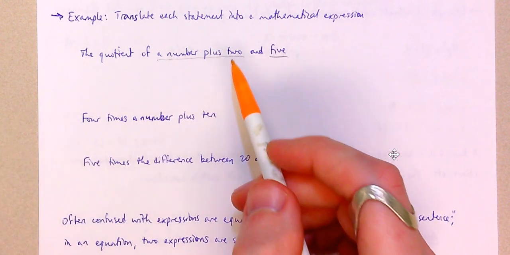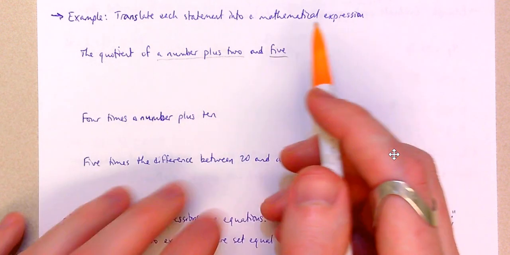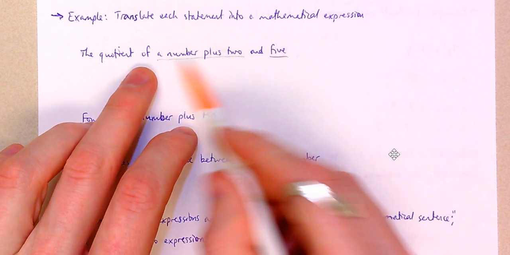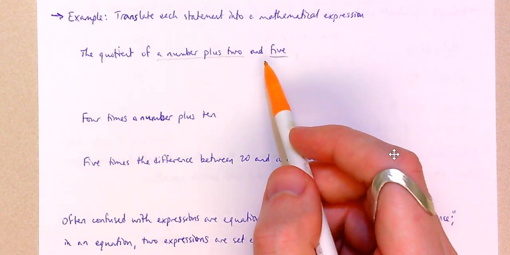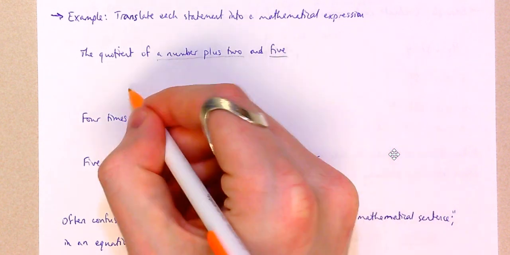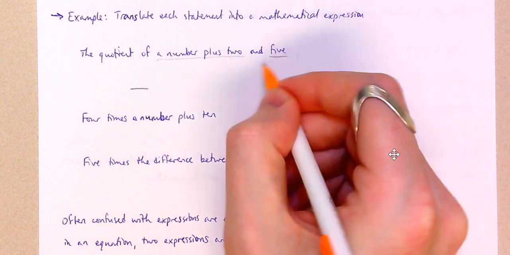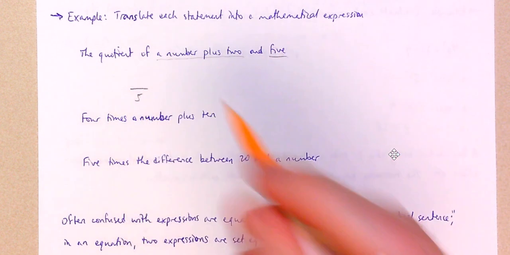The quotient of blank and blank says, okay, whatever is in the first one here, that's what goes on top. Whatever is in the second one here, that goes on the bottom. So I know 5 is going to be on the bottom.